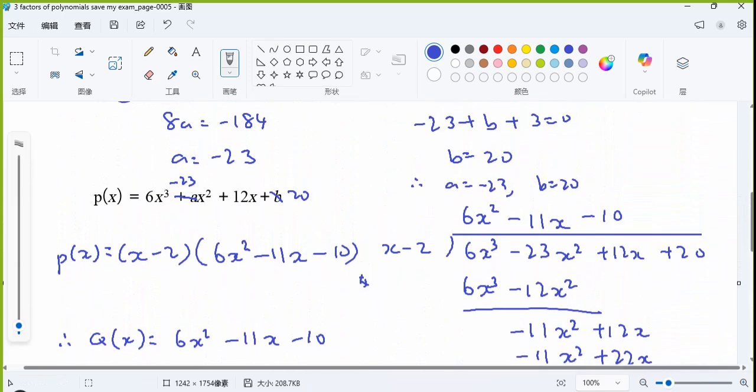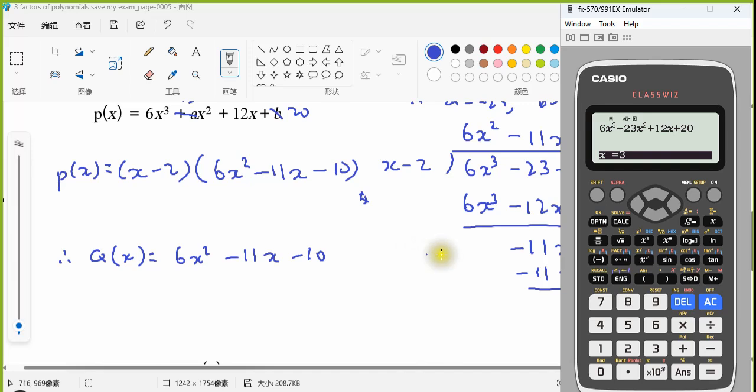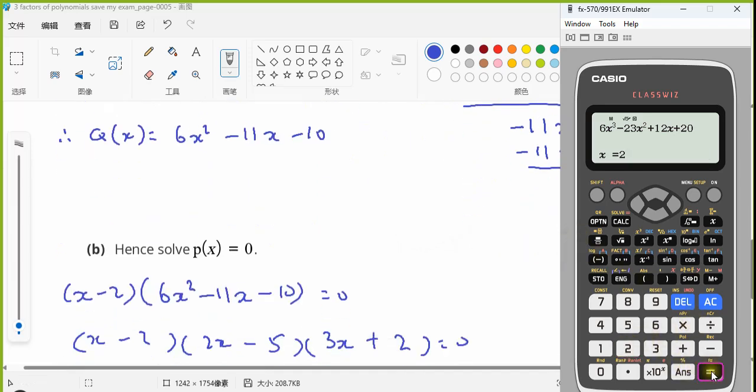So we can check the answer here. So we have the 6x to the power 3, and then minus 23x squared plus 12x plus 20. So we substitute with what we just found: the 2, then it's 0, and 2.5 is also 0, and then negative 2 over 3, also 0.